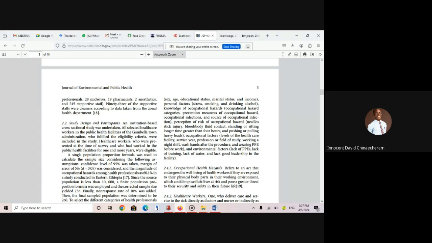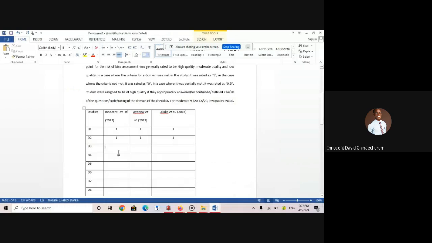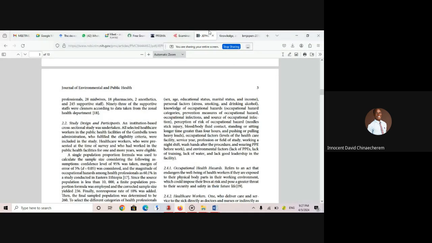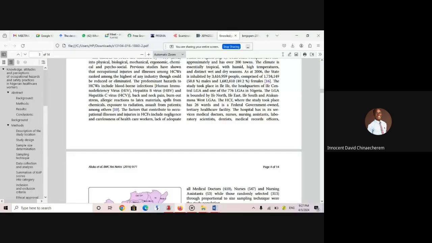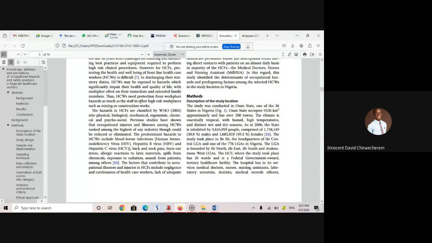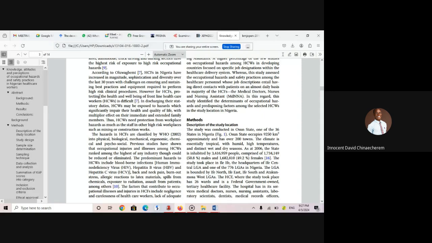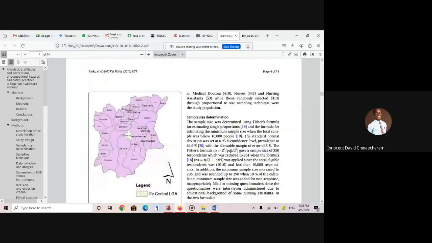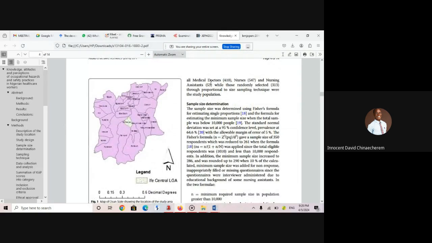So mine was partially, right? It's partial. Here, this study was clear, and for the last study, after you check it out, you look at the full text of the study: description, methods, the climate was this, you talk about the location, sample size, species. So it was clear, right?